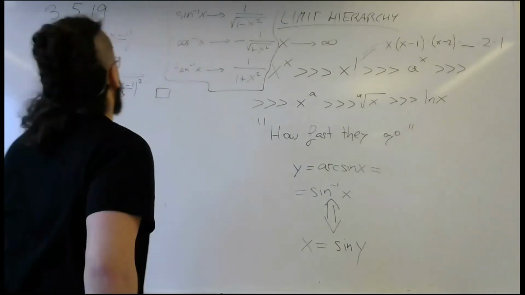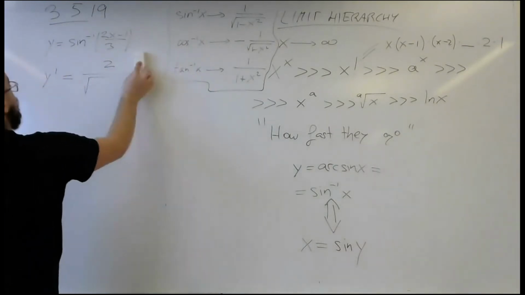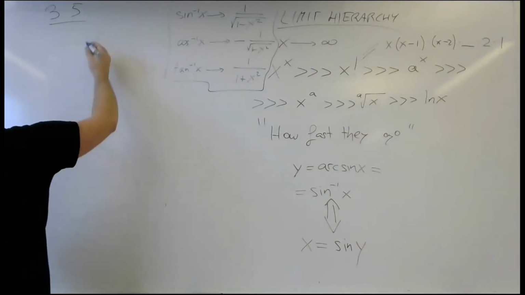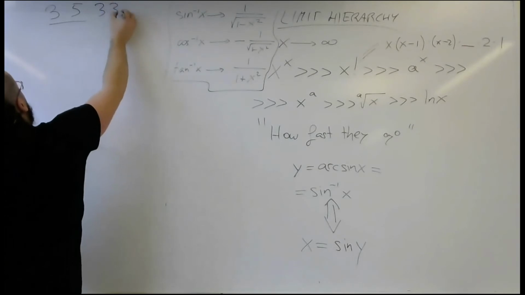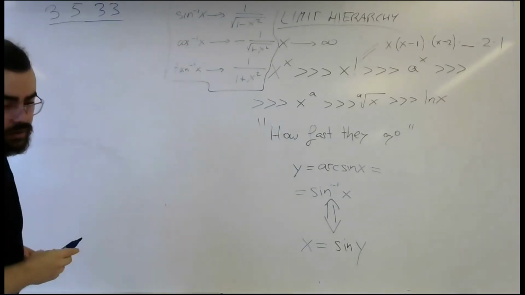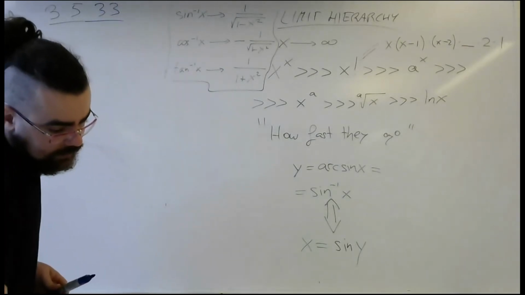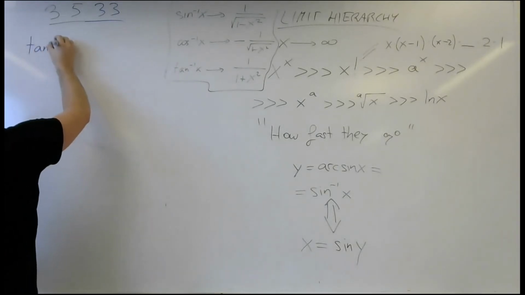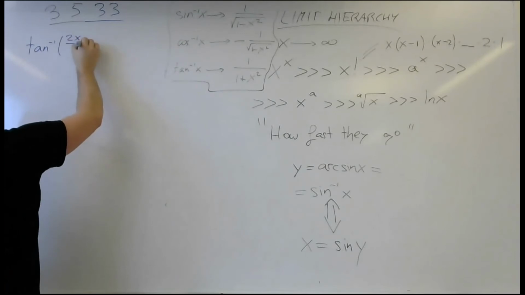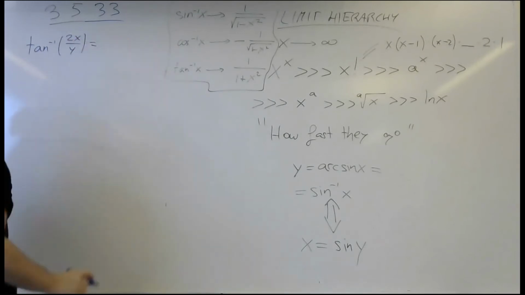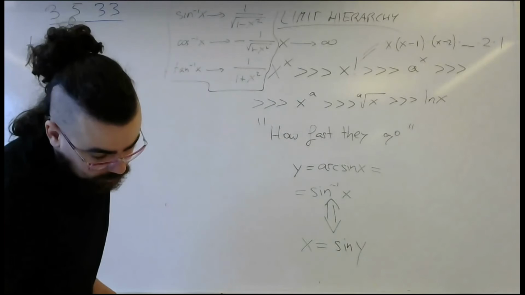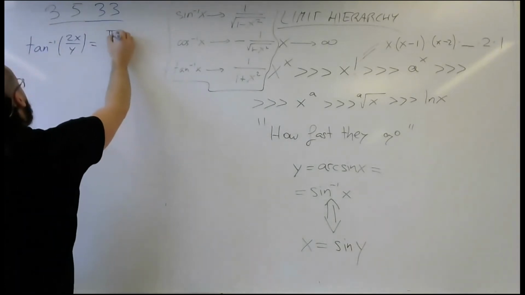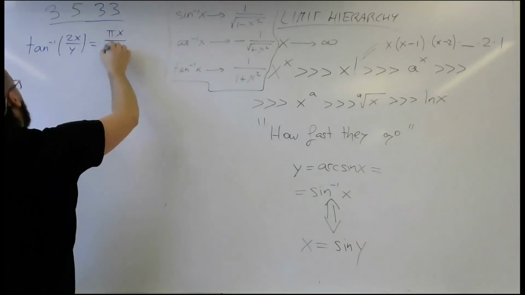Now I'm going to show you number 33, if there are no more questions. Our curve says tangent minus 1 of 2x over y is equal to pi x over y squared.